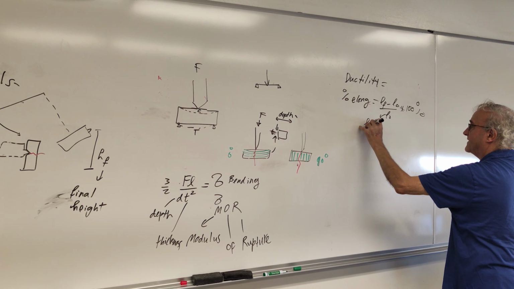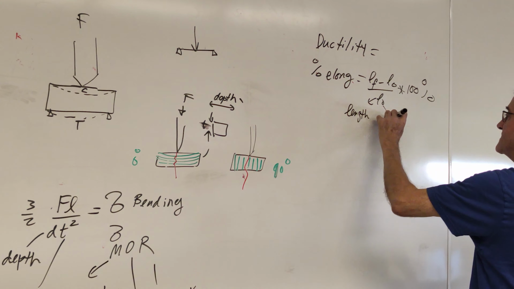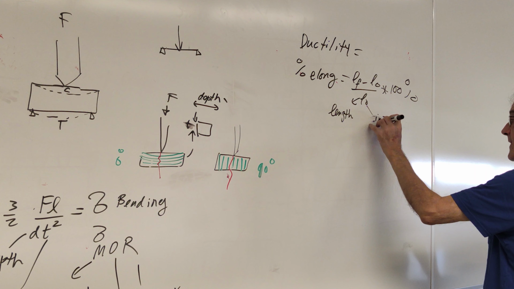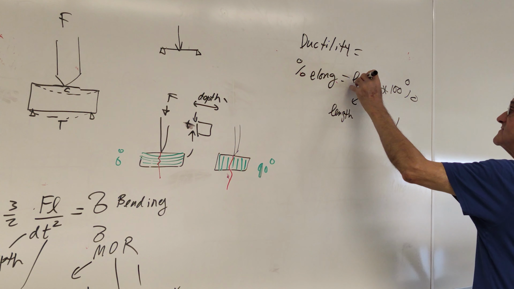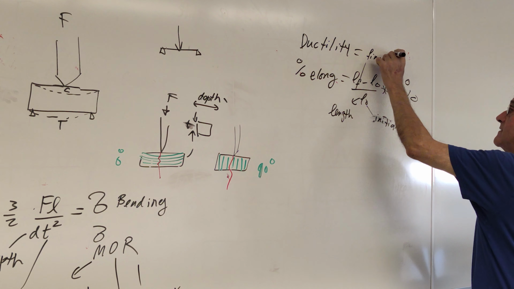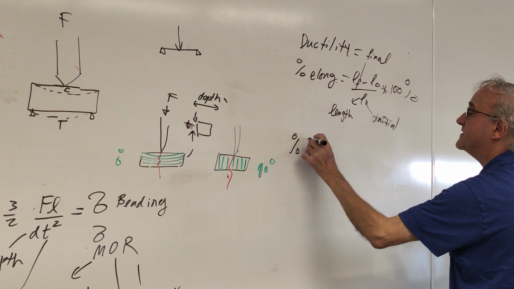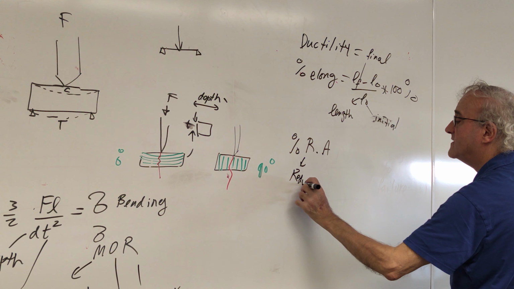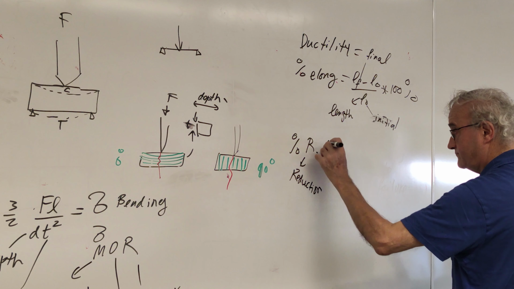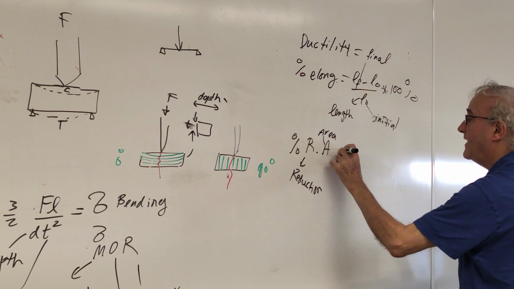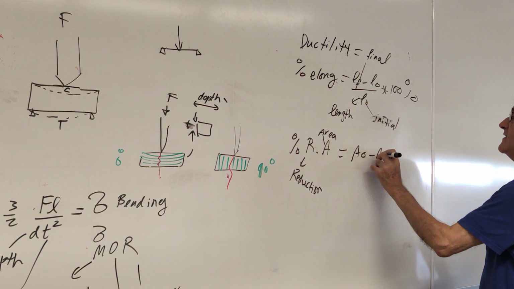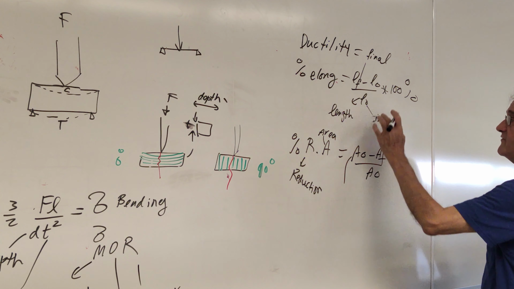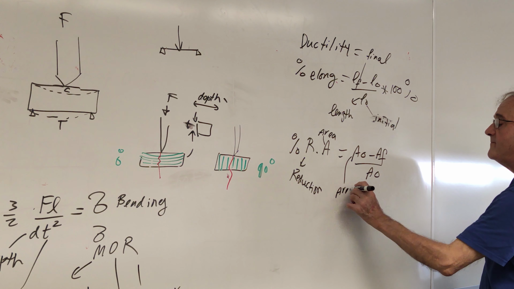So this is length, this is initial, and this is final. And we said it is percent reduction in area if you are doing a cylindrical bar. And this is A0 minus AF divided by A0. The 0 and F have the same notation, but this is the area.